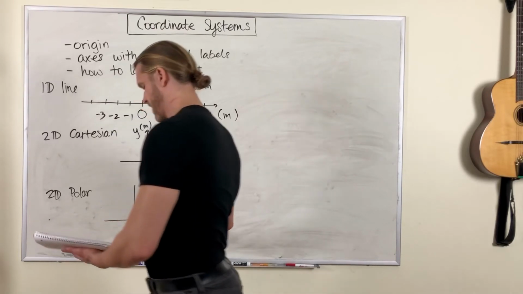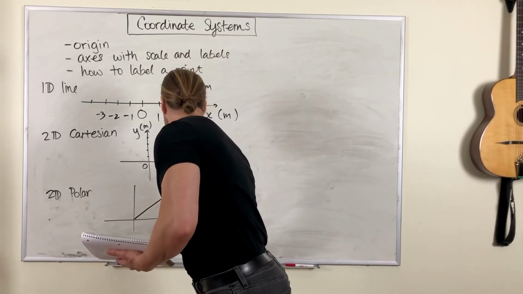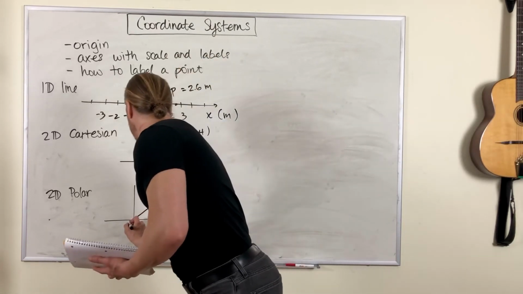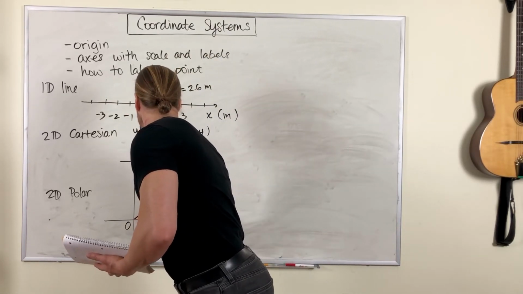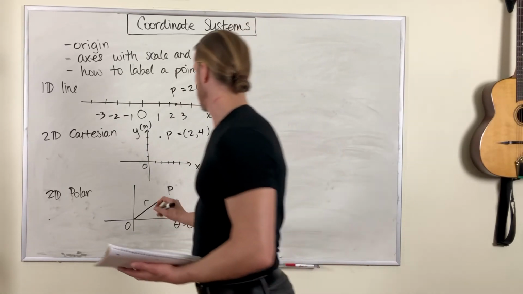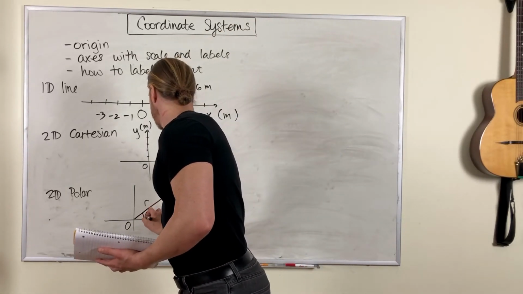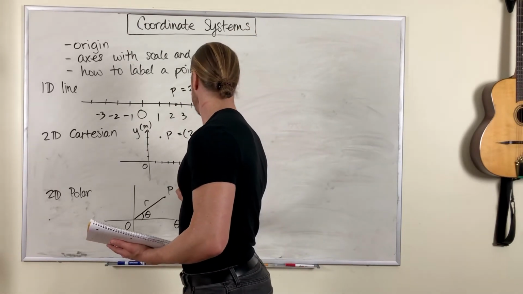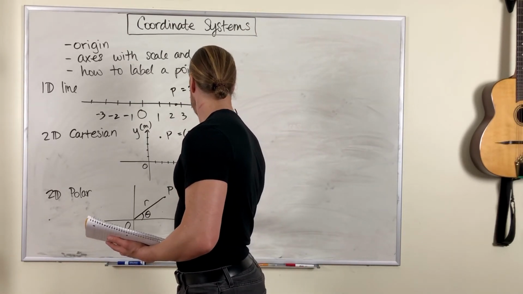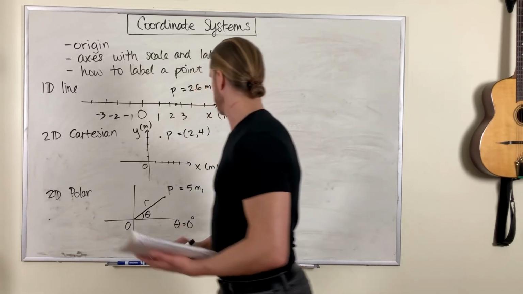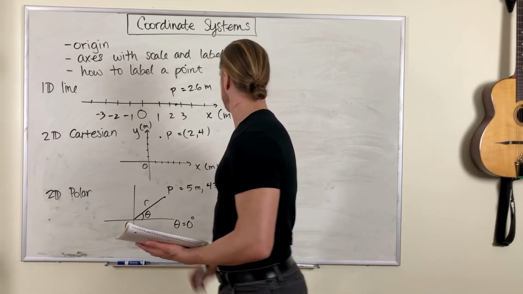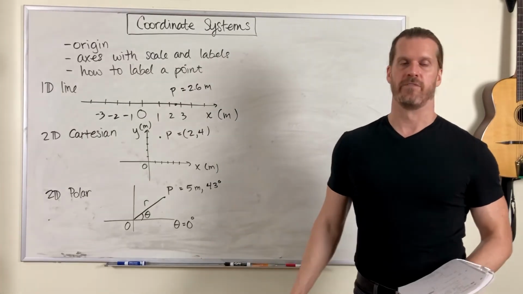Here's our reference line. Here's the origin. And this point is some distance r from the origin and some angle theta. So maybe it's like 5 meters and it's 43 degrees above that reference line.